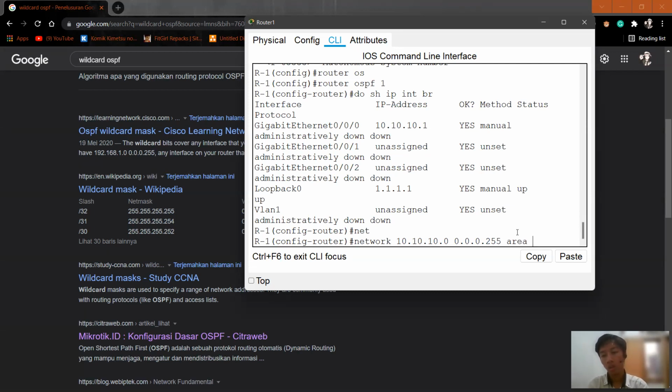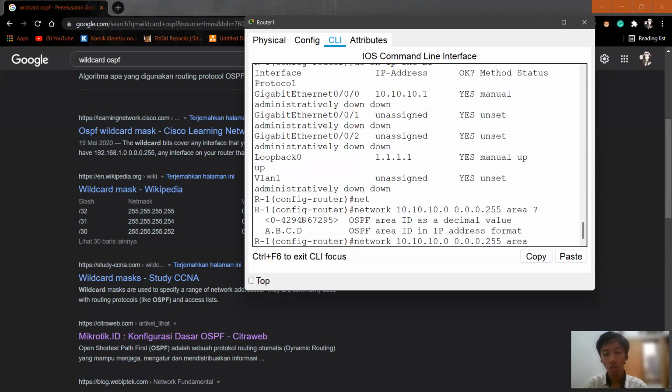We only use area 0, and there are very many areas in OSPF, but the data center area is area 0.